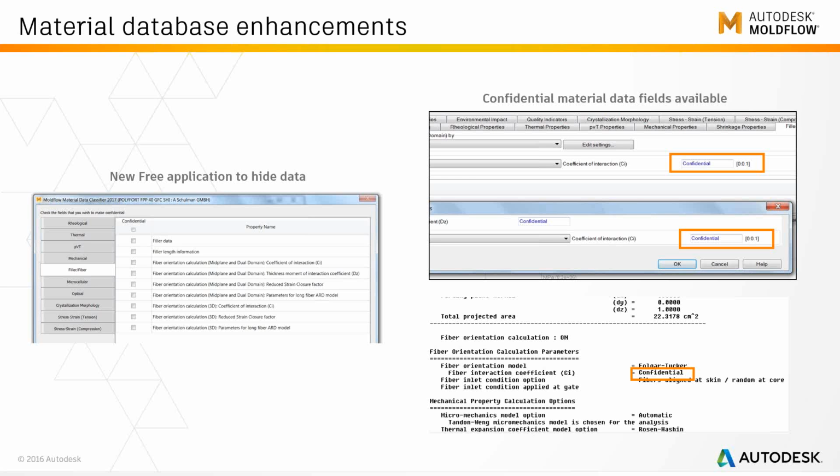But at the same time, if the material supplier is adamant that they want to make more data fields classified, we are going to be providing a special tool to everybody where you can basically import a UDB file, a normal Moldflow material database file that they may or may not have edited, and specify which data fields to hide or make confidential, and they can then directly transfer those new UDB files with the hidden data fields to their end customer, and work that way directly with the end customer.